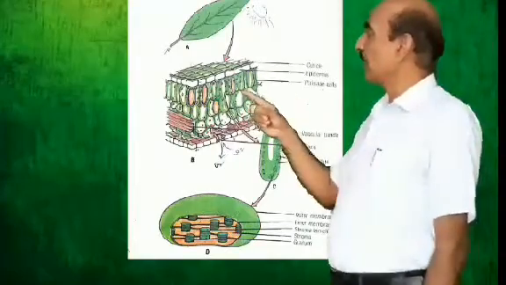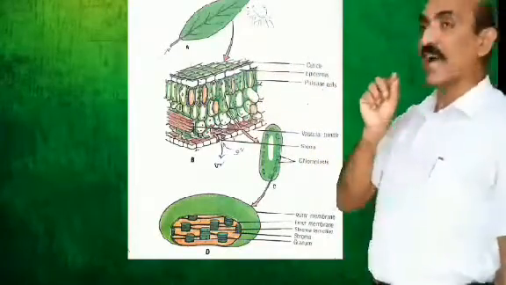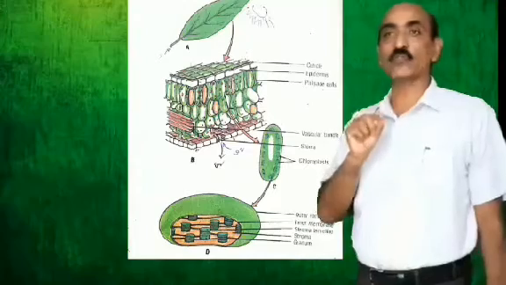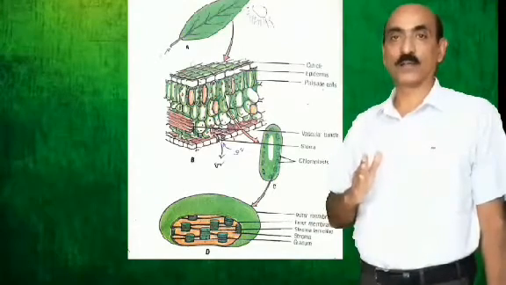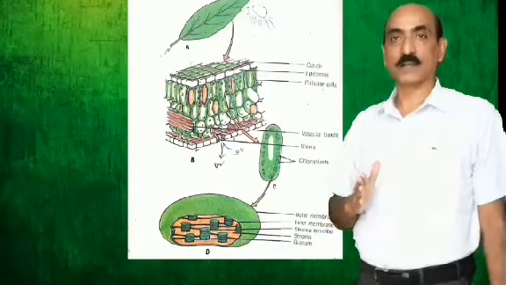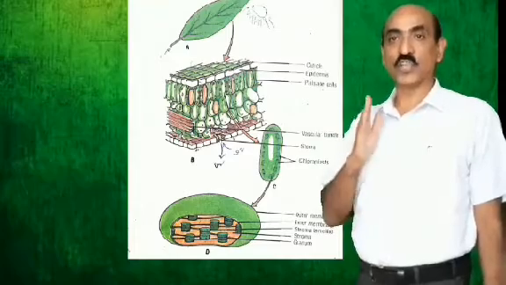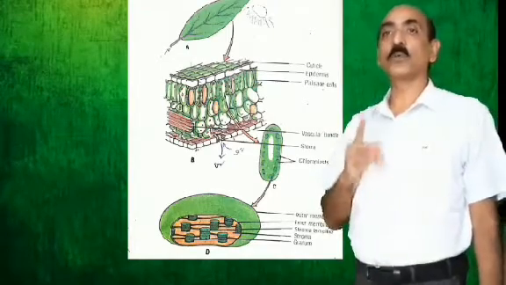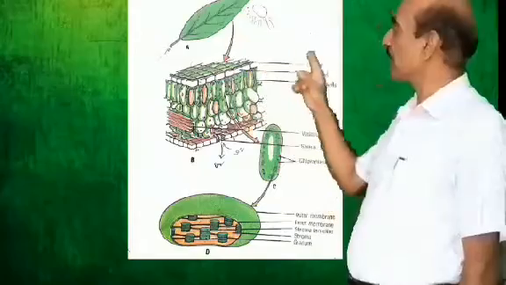Are you looking? The first is, the site of the photosynthesis is actually green leaf. Leaves of the plants are the chief site for photosynthesis. This is the leaf.